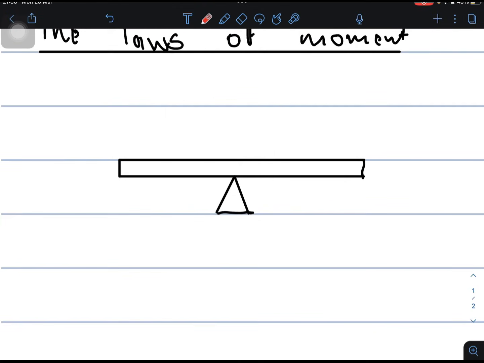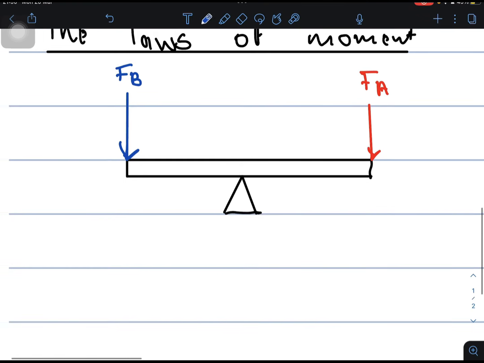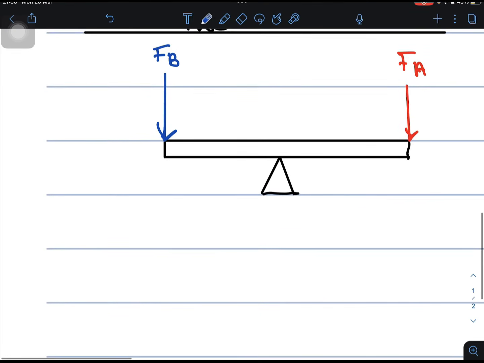So we have force A, then we have force B. Okay, guys, what this law speaks about is a beam in equilibrium. This law states that the sum of clockwise moments is equal to the sum of anti-clockwise moments.